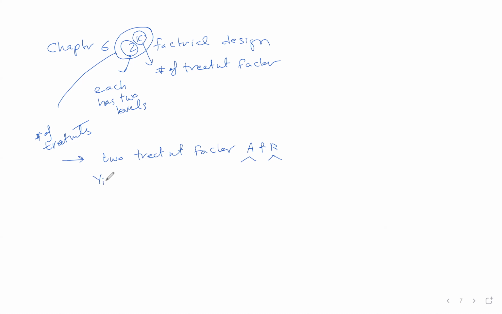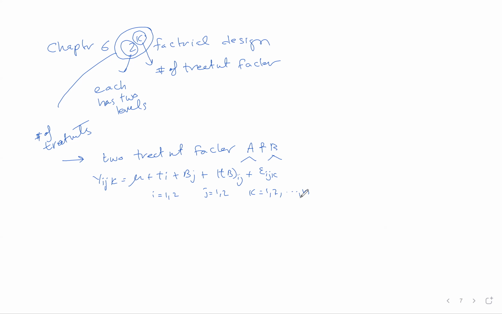And Yijk equals mu plus tau i plus beta j plus (tau beta)ij plus epsilon ijk. It looks like the same one in chapter 5. It is the same one, but the only thing is i is 1, 2, 2 levels only. j is 1, 2, 2 levels only. k is 1, 2 up to n. The difference is the number of levels for each treatment factor. In this case, we have only 2 to save much resources.